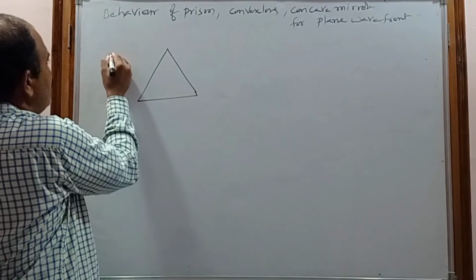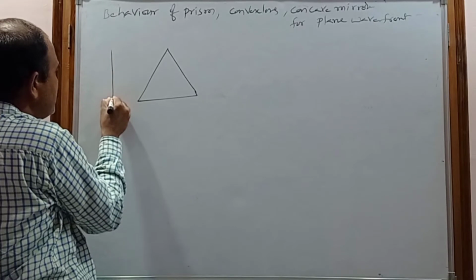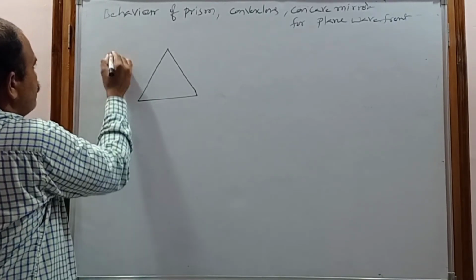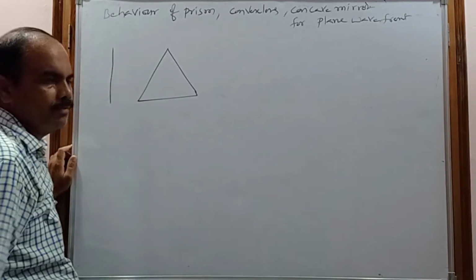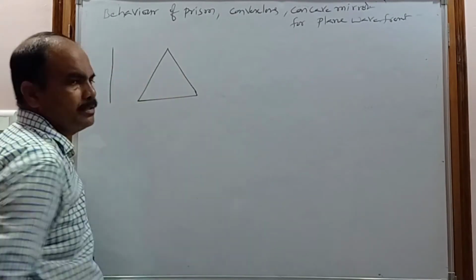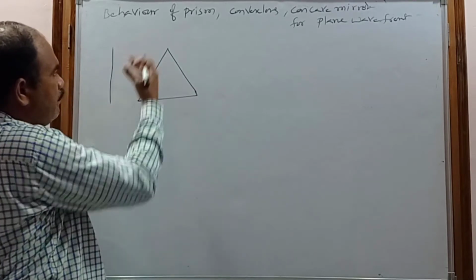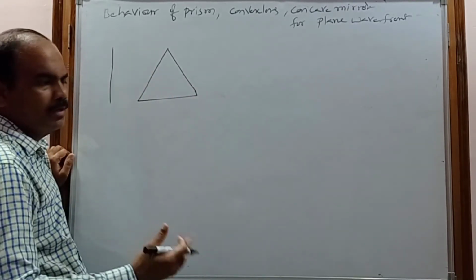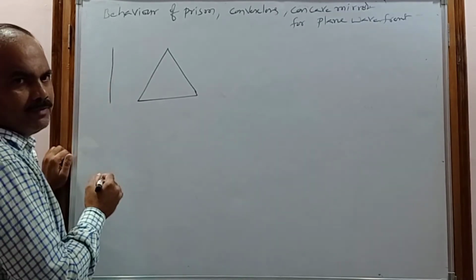Now consider this is our plane wavefront, which is going to be incident on the prism. How it changes can be explained by taking light rays. How can we draw the light rays for the plane wavefront?